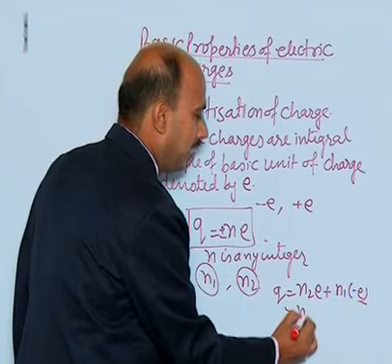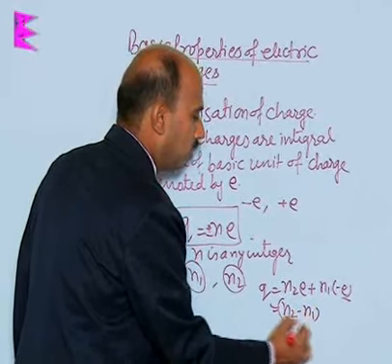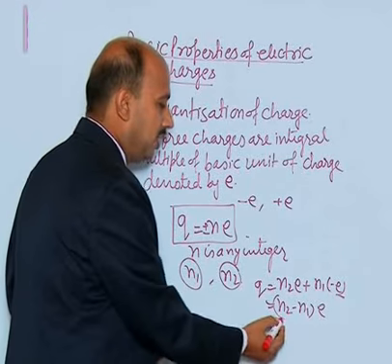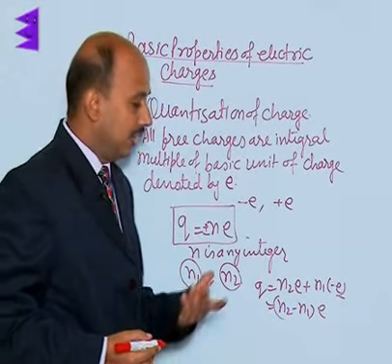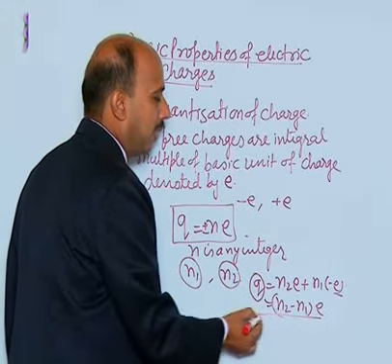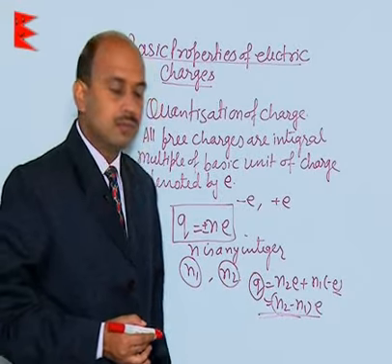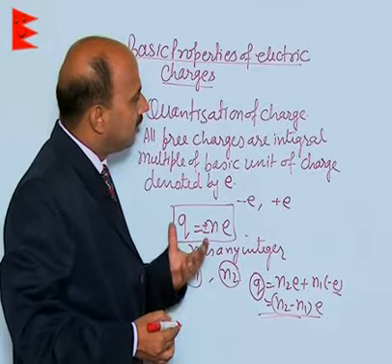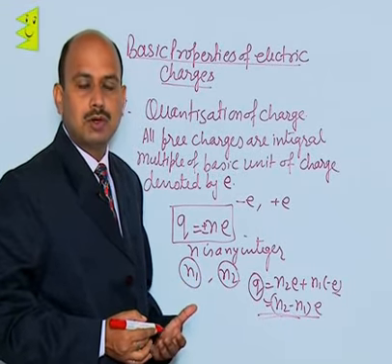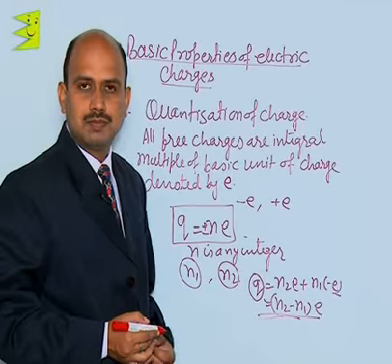So we can write (N2 minus N1) into E. We know N1 and N2 are integers, so obviously N2 minus N1 will be an integer. So the net charge of the body is given by this formula. Also, this quantization of charge is only applicable at the microscopic level.